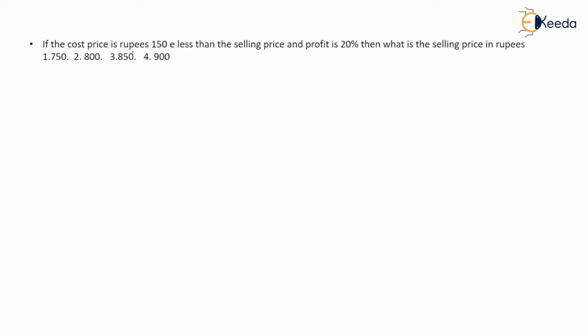Okay, if the cost price is rupees 150 less than the selling price and the profit is 20%, then what is the selling price in rupees? Very simple question. If the cost price is 150 less than the selling price, the difference between cost price and selling price is 150 rupees, and the profit is 20%.